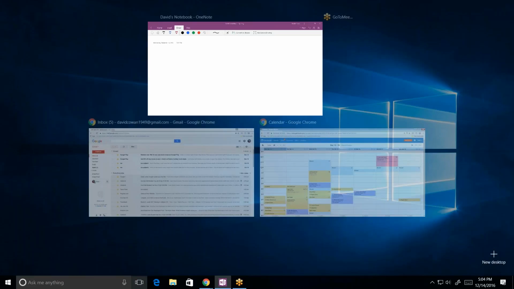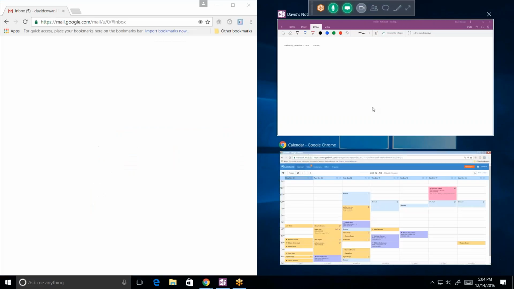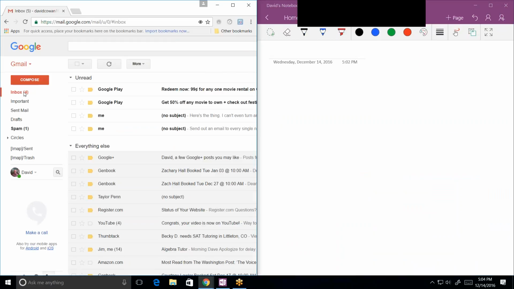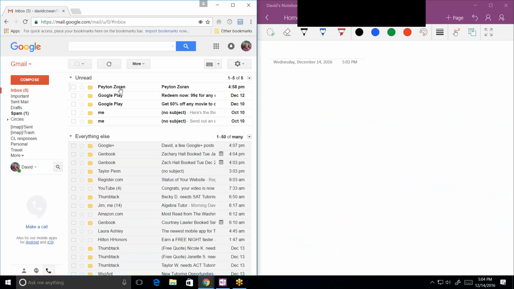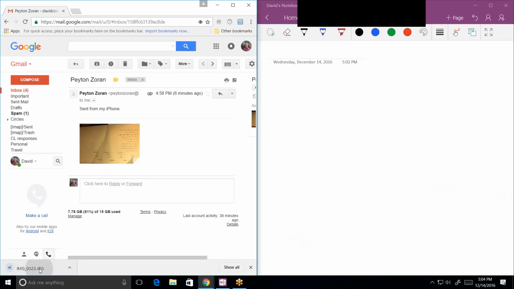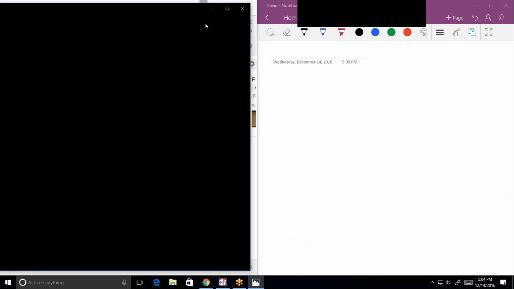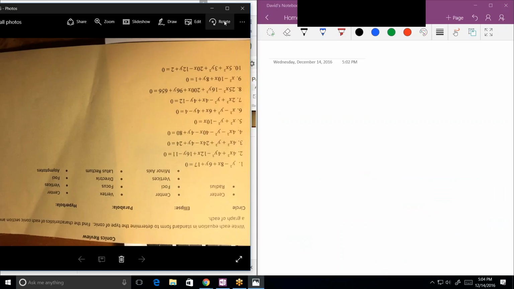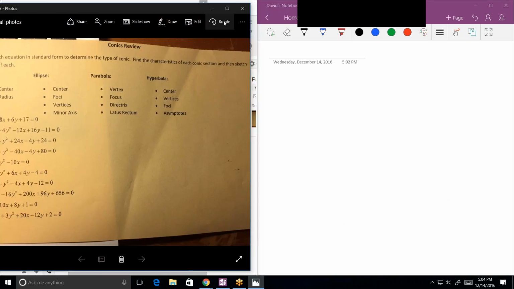Okay, let me open it up here. There it is. Download that. Pop it open. Looks like I need to rotate it twice. All right, so we're looking at conic sections still here.